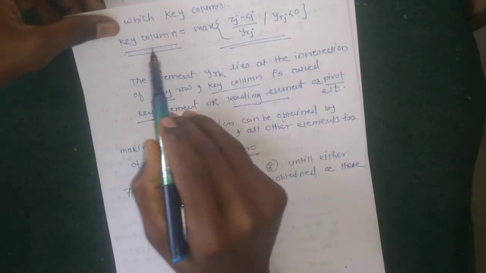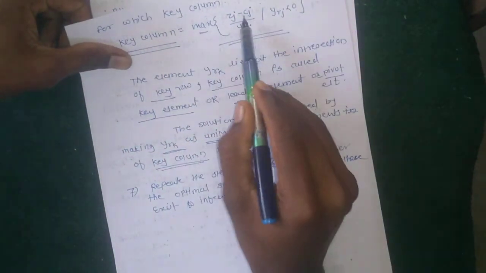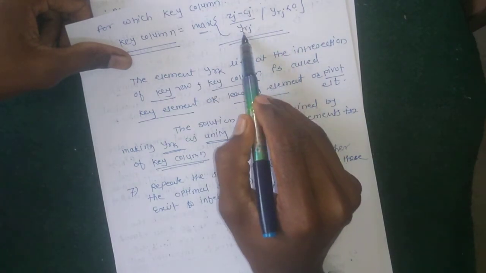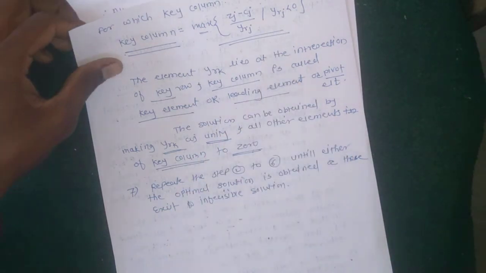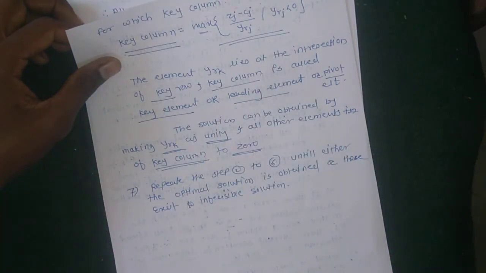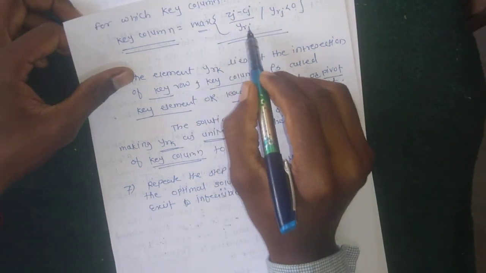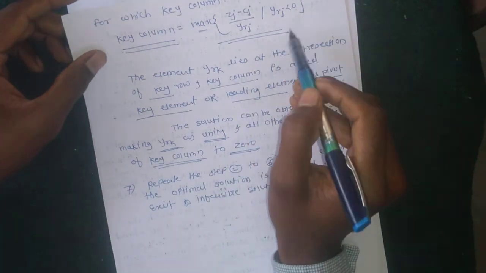How to find the key column? The key column is found in this way: maximum of Zj minus Cj divided by Yrj, where Yrj is in the key row and its values are negative, so Yrj is less than 0.